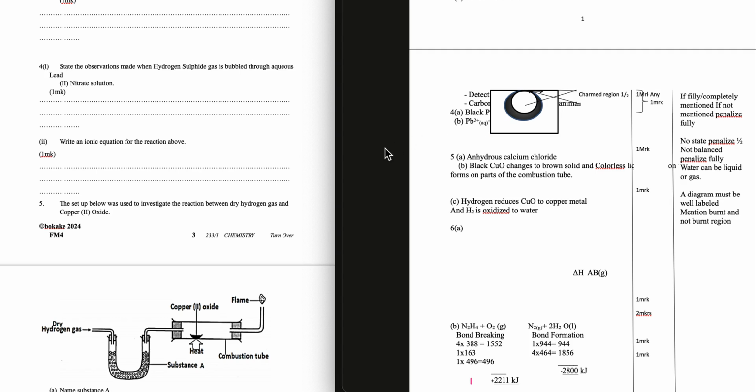The setup below was used to investigate the reaction between dry hydrogen gas and copper oxide. Name substance A. Anhydrous calcium chloride.